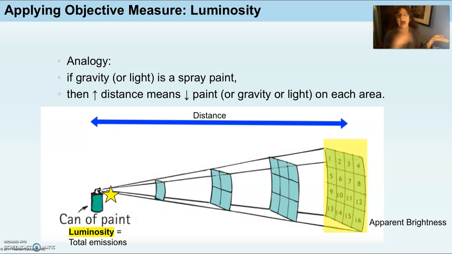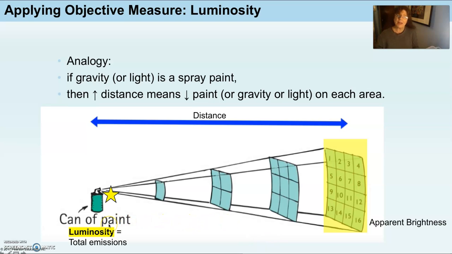Now we're looking at the behavior of light and waves in light and the inverse square law, and relating luminosity and the total emissions from a star and the total light that it puts out, and the behavior as the apparent brightness that we see. So let's discuss a bit.